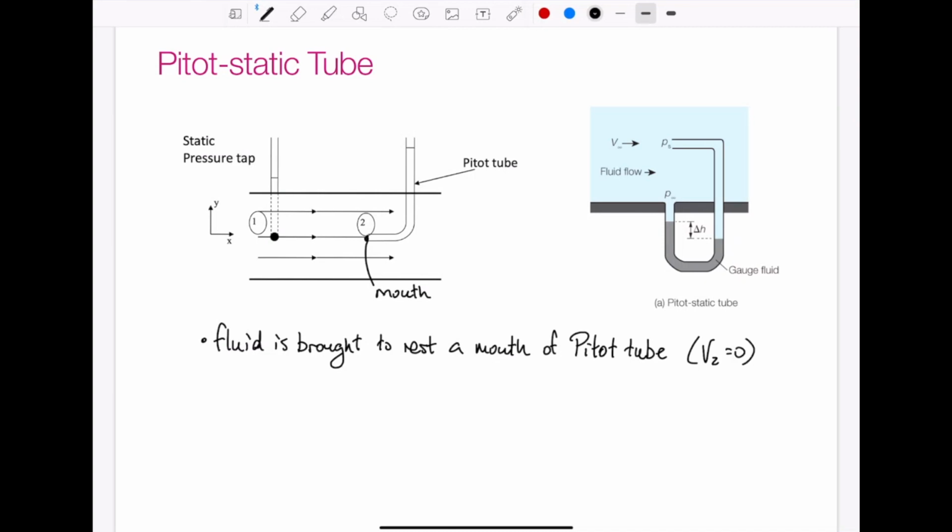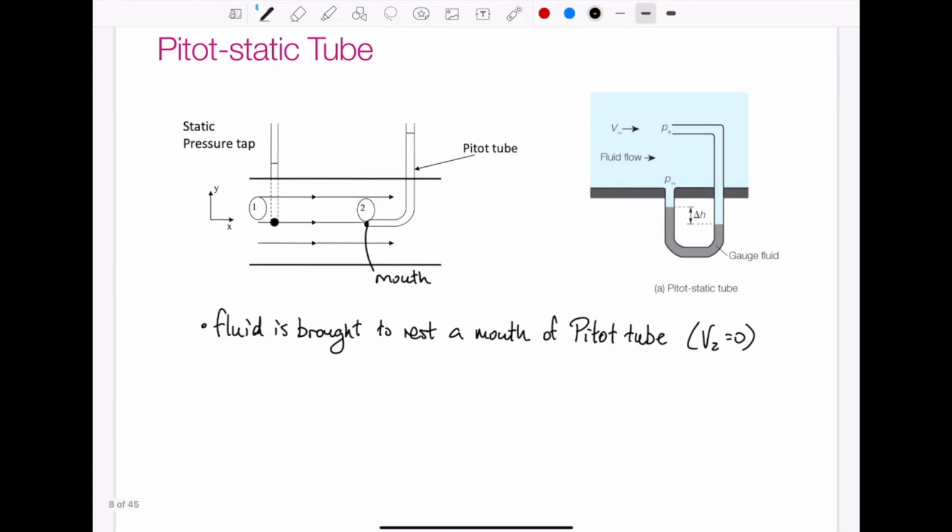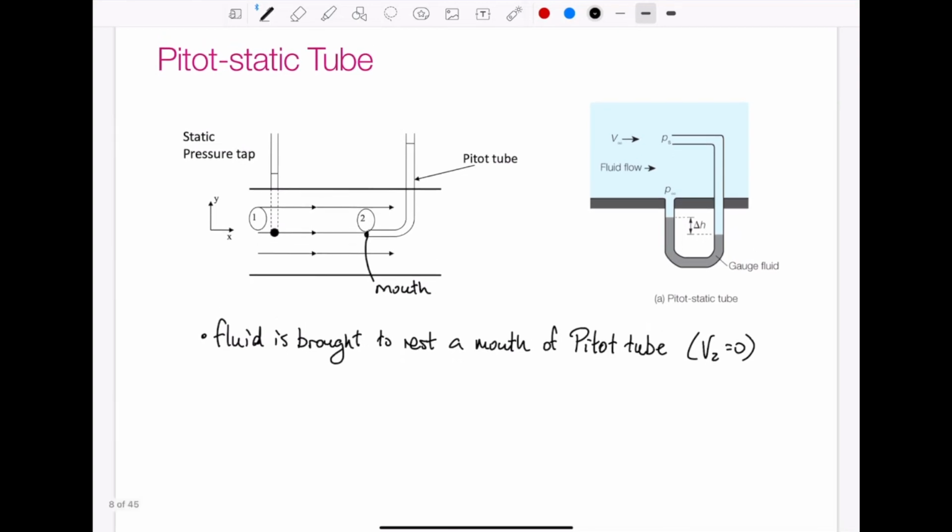So the velocity at point 2 here would be equal to 0. And then the pitot tube senses the stagnation pressure, and the static pressure tap at 1 senses the static pressure.